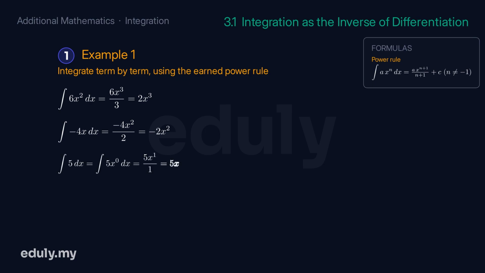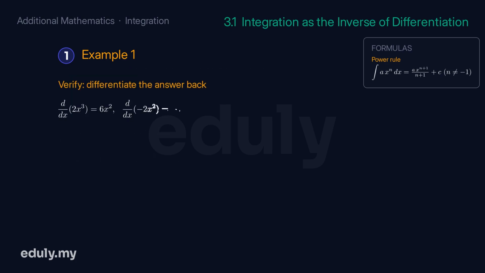And the plain 5 is really 5x to the 0 power. Raise the power to 1, divide by 1, giving 5x. Combine the 3 integrated terms, adding exactly one constant of integration, c, for the whole expression, not one per term.